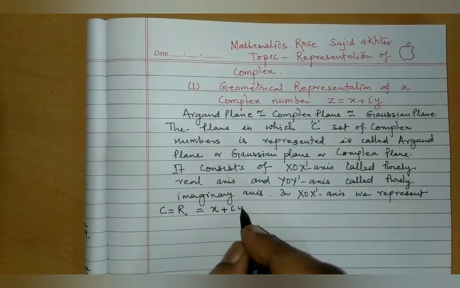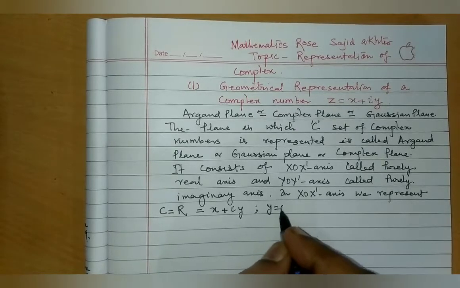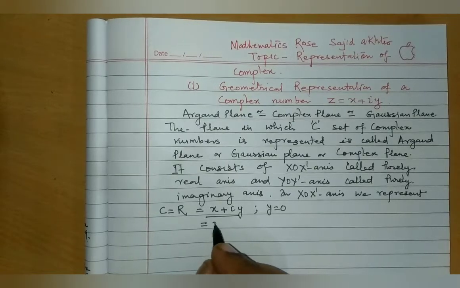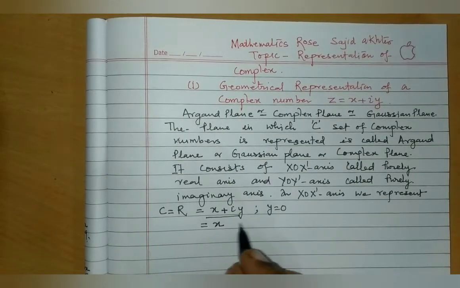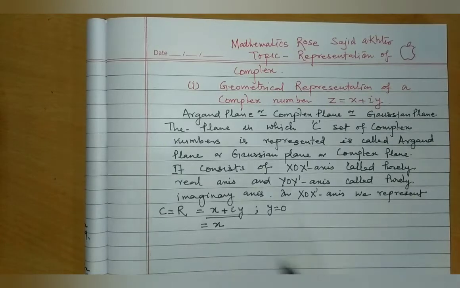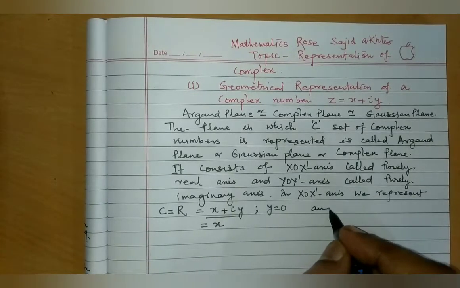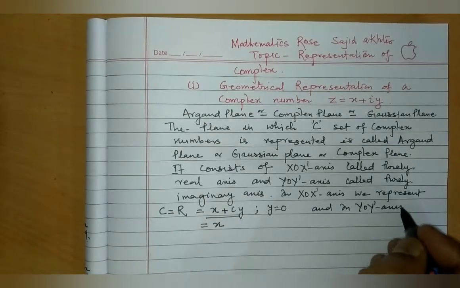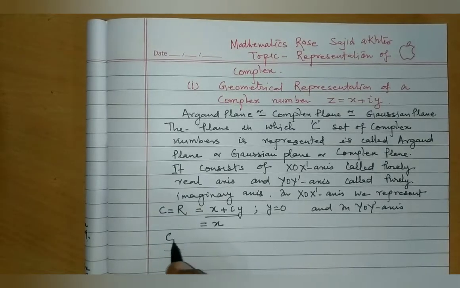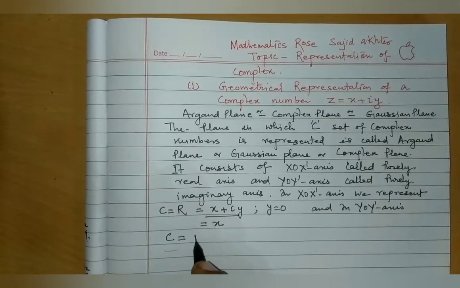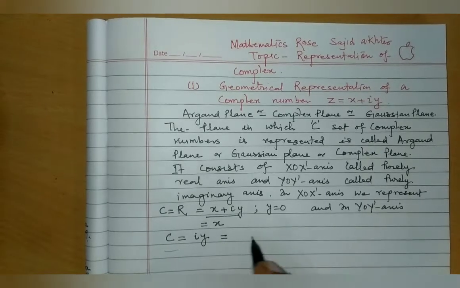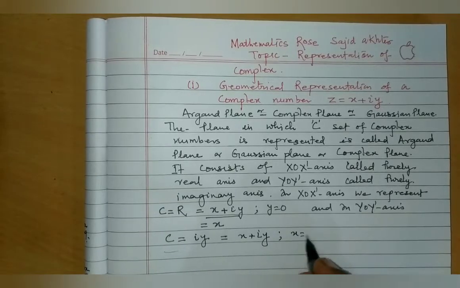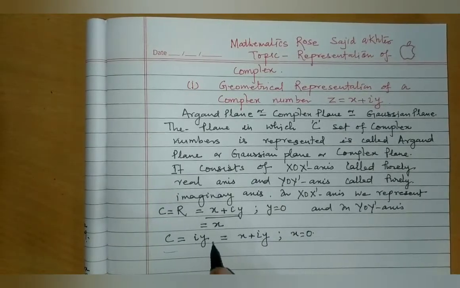x plus iy, where y is equal to 0, means it is equal to x, so this becomes x. So x means all the real numbers. X belongs to all the real numbers, and in y dash axis the complex number is equal to iy, since here x plus iy and x is equal to 0, so it becomes iy only.